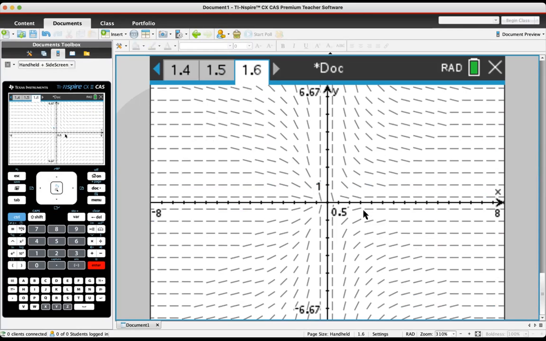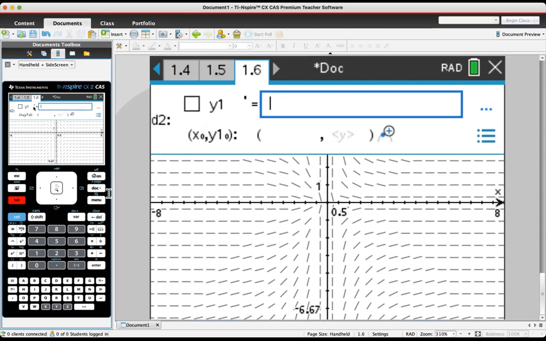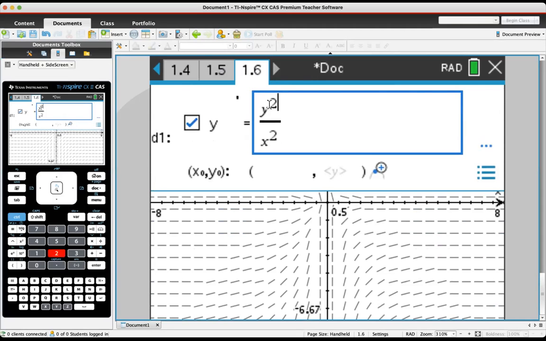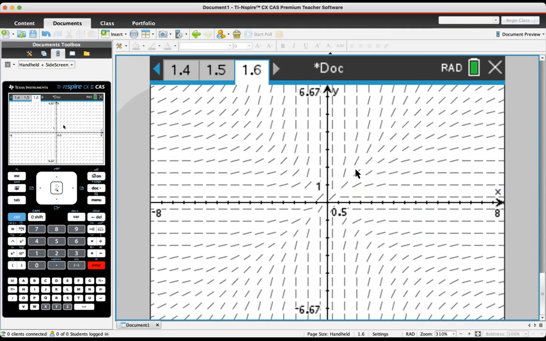Well, if you change this to minus y over x squared, it doesn't quite look like the one provided. So I need to go back and double check y squared over x squared. Well, it exhibits some sort of parabolic behavior.